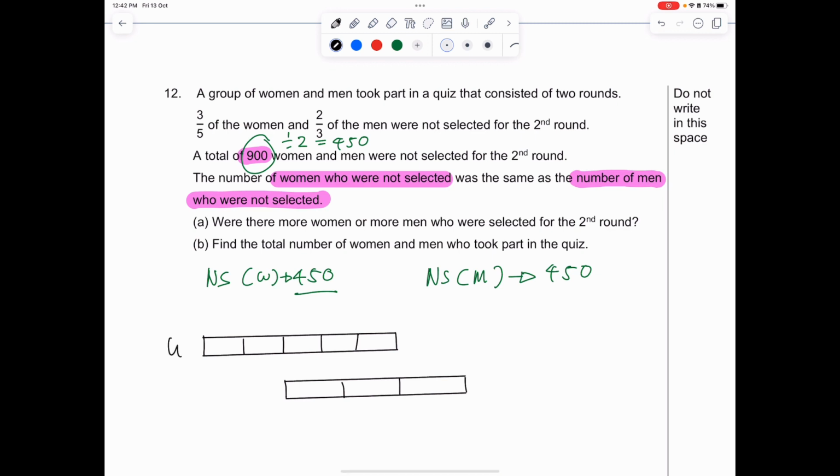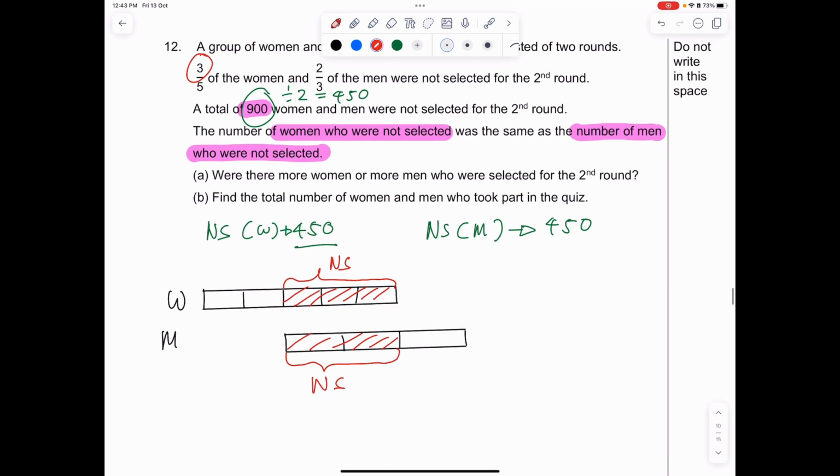This is woman and this is men. So it says here that 3/5 of the woman. So how many units do I shade for the woman? How many units? 3/5. So how many? 3. Not selected is red color. NS, not selected. And then after that, 2/5 of the men. This part not selected.